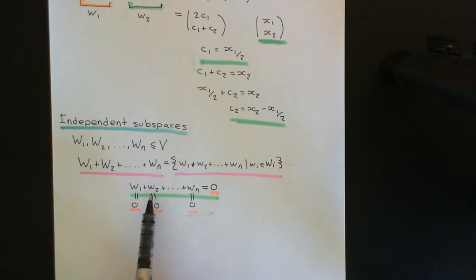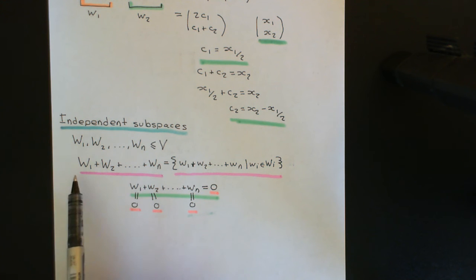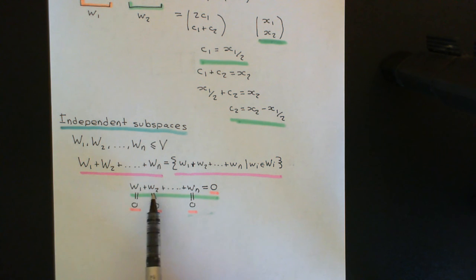If you go through absolutely every possible combination of elements of these subspaces and add them together, the only one that will give you the zero vector is where all of the vectors you've picked from the subspaces are the zero vector. None of the non-trivial combinations will give you the zero vector, only the trivial combination, if they're independent.